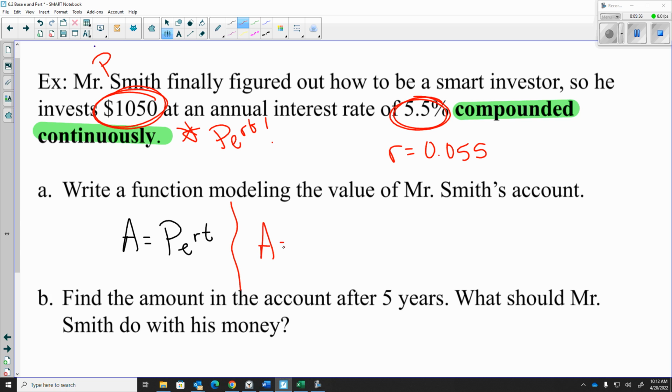Equals the principal, 1050 times E. I'm not going to change E at all, okay? E is just a number. And it's raised to the RT power. So here's my equation.